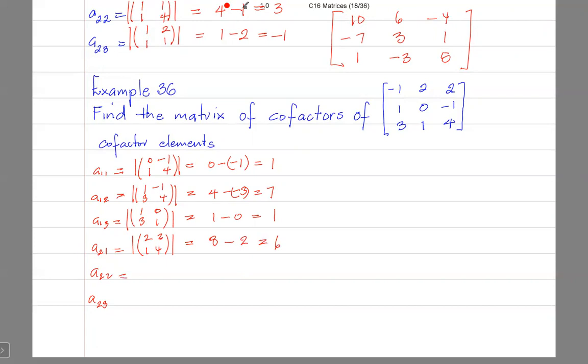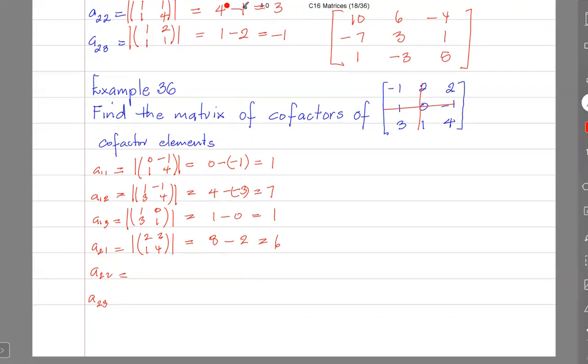This one here, minus 1, 3, 2, 4. And the determinant would be minus 4 minus 6, which is minus 10.